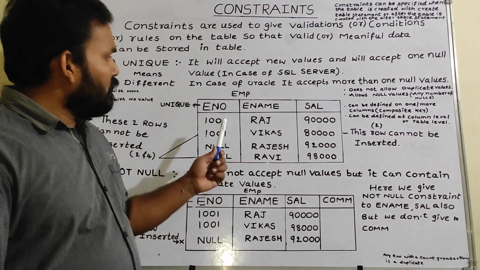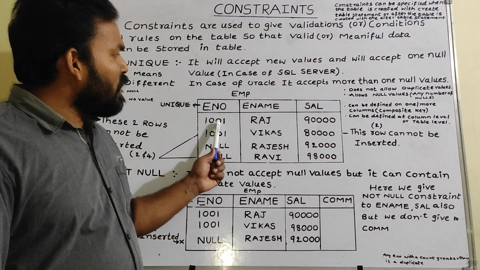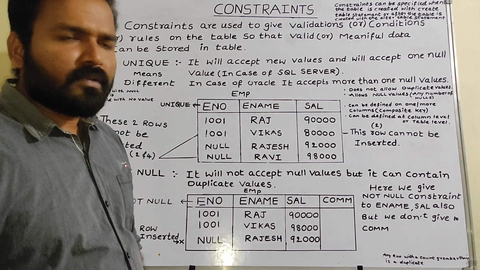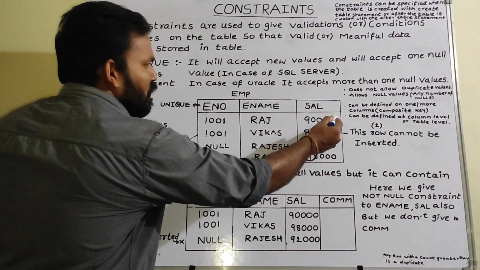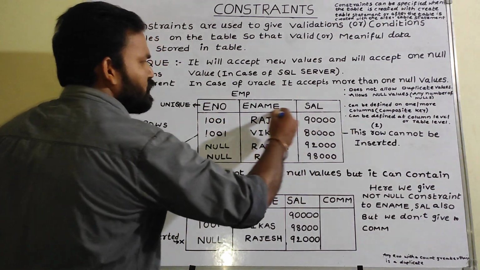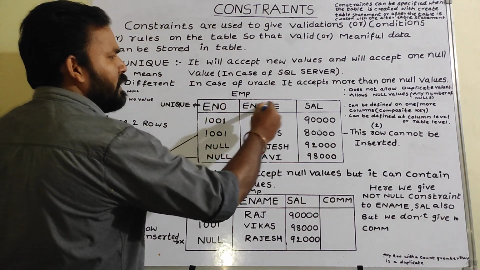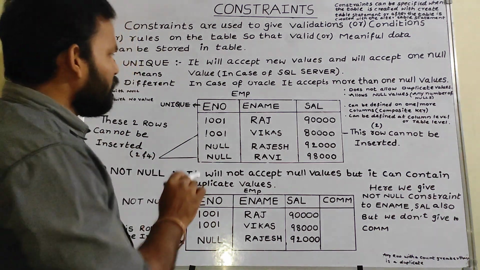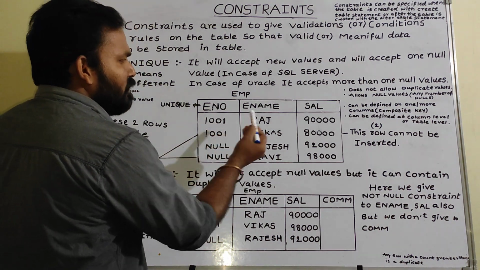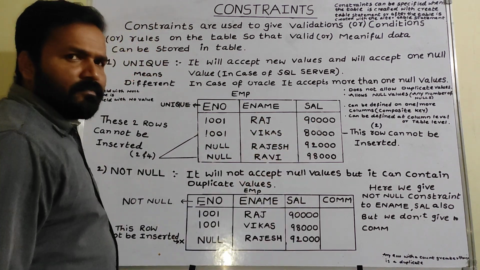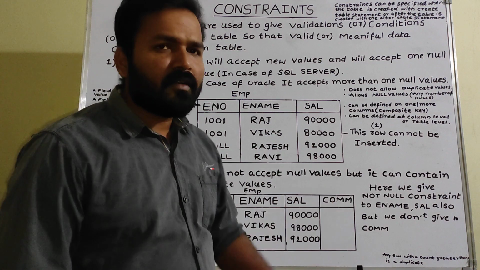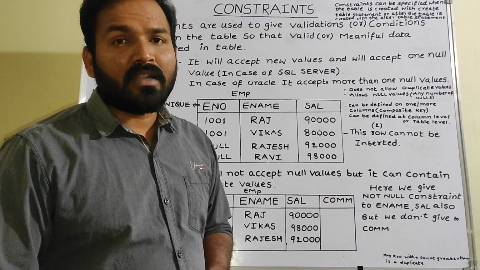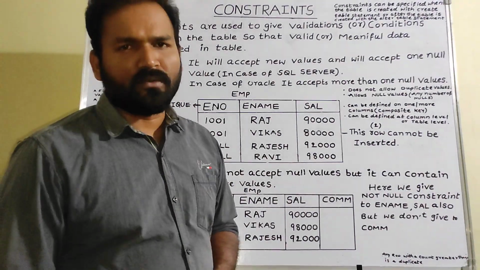Next, 1001 Raj 90,000. A collection of data of multiple columns forms a row. 1001 Raj 90,000 is the data of one row.